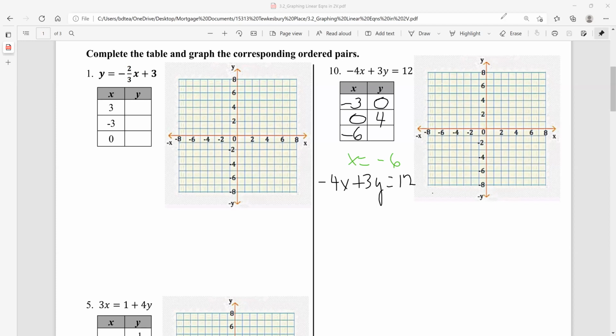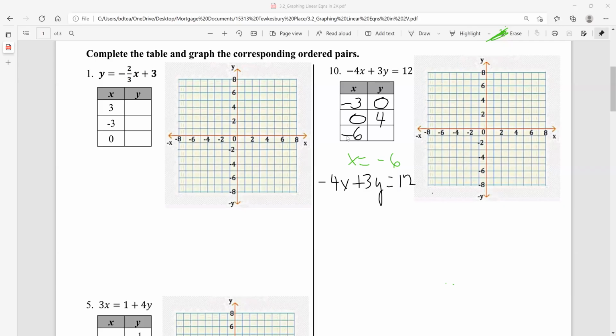The reason why I chose these numbers is because I'm looking to make sure all right, so when x is -6, we have -4 times -6 plus 3y equals 12.